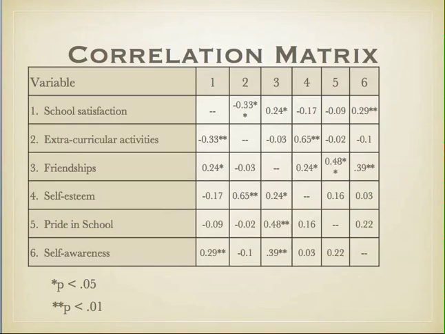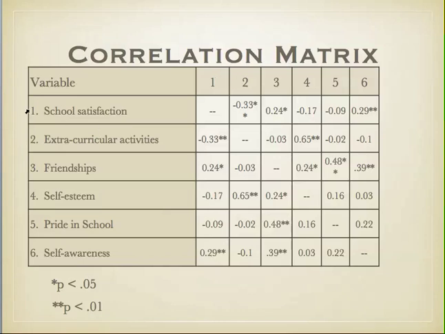SPSS, our software program, will actually correlate a matrix for us, and we'll talk about this a little bit later. But basically what this does is it gives you an unlimited number of variables that can be correlated at any one time. And you'll see this matrix oftentimes in research articles.